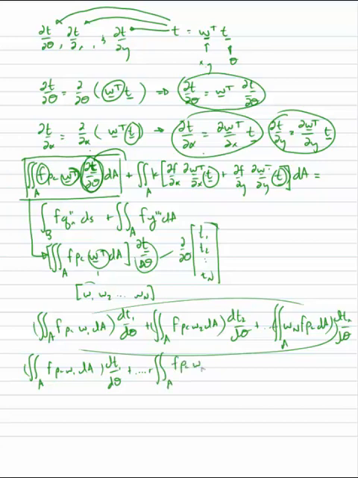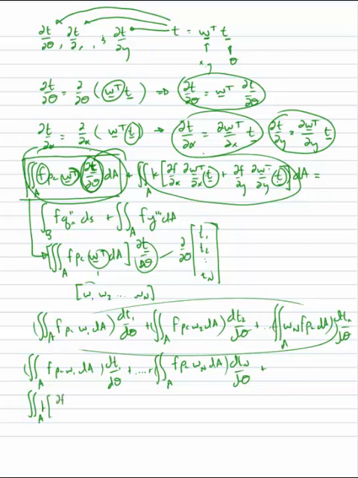This would be k times dF/dx dW1/dx plus dF/dy dW1/dy dA, and that would be multiplying T1, plus we keep going term by term, and at the end we get the integral over the area of k and dF/dx dWn/dx plus dF/dy dWn/dy dA times T sub n.